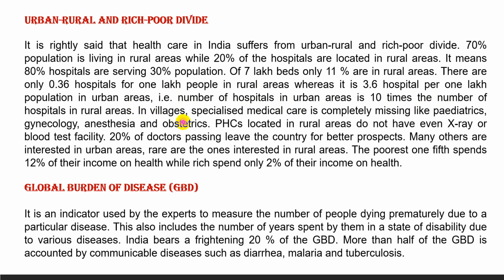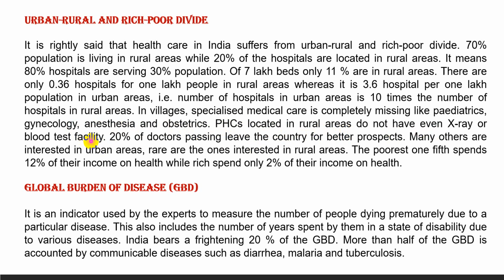In villages, specialized medical care is completely missing, like pediatrics, gynecology, anesthesia, and obstetrics. Public health centers located in rural areas do not have even X-ray or blood test facility.